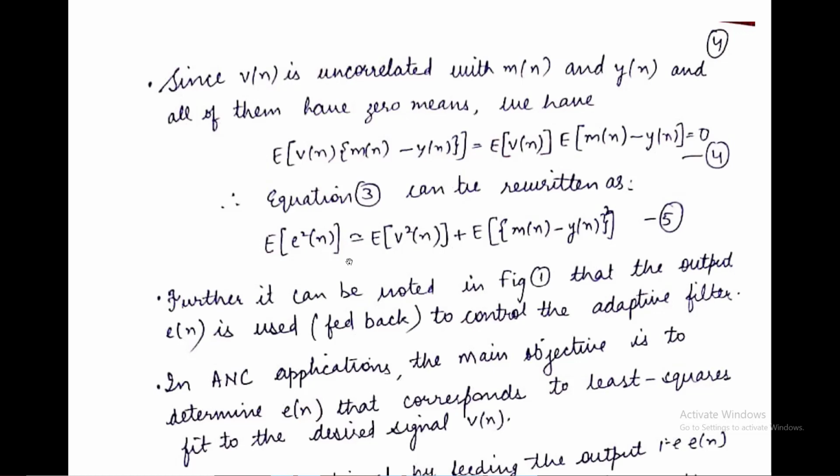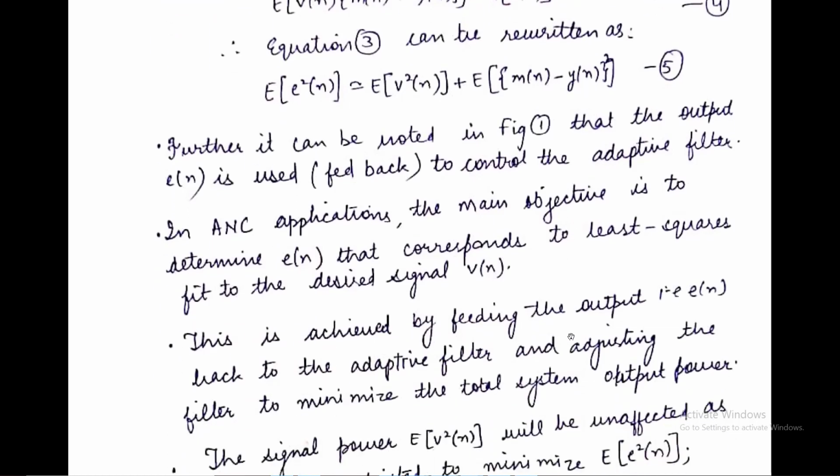Now further, it can be noted in figure 1, as we have seen, that the output En is basically fed back to control the adaptive filter. That we have already seen in the figure. Now, in adaptive noise canceller applications, the main objective is to determine En that corresponds to the least square fit to the desired signal Vn.